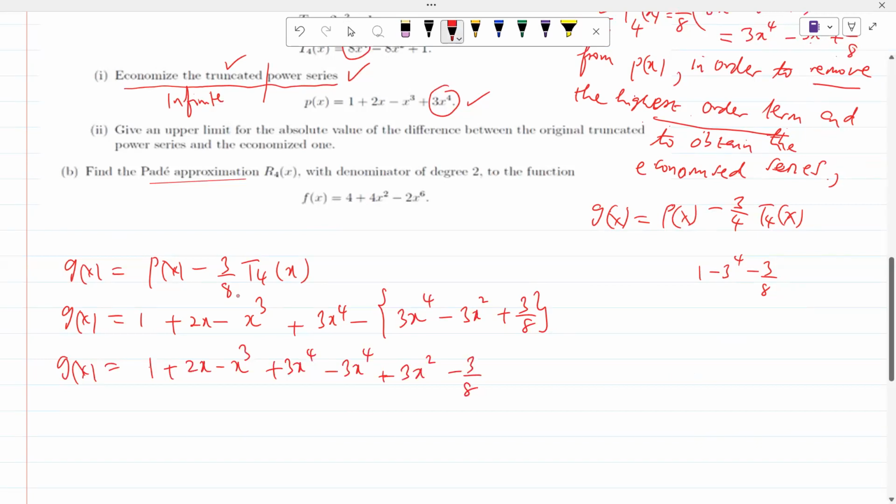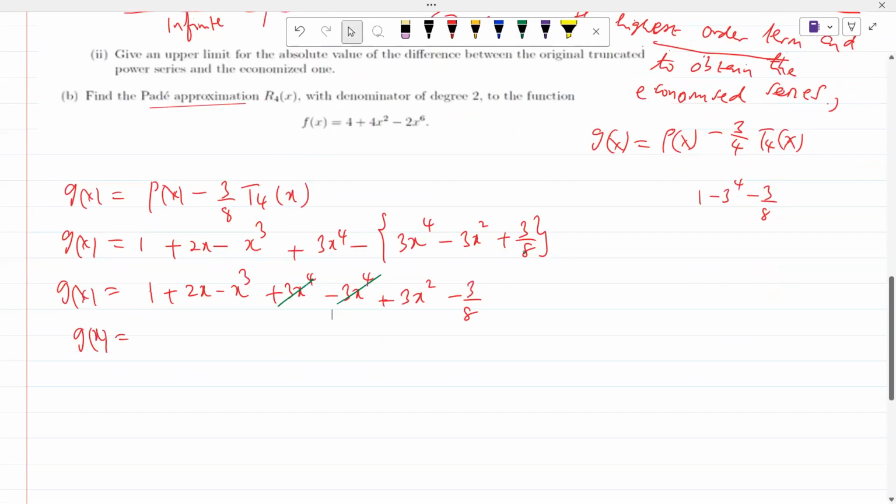So now g of x is the same as this. We are doing very well. This is exactly the same as minus x cubed. We are done with the cubic term.